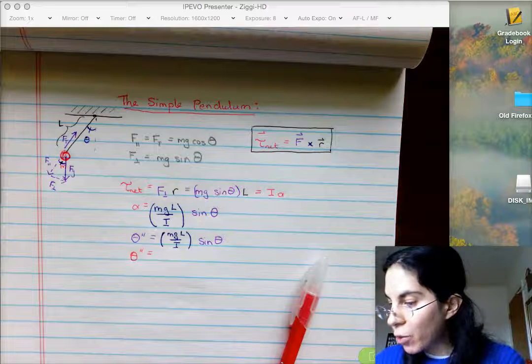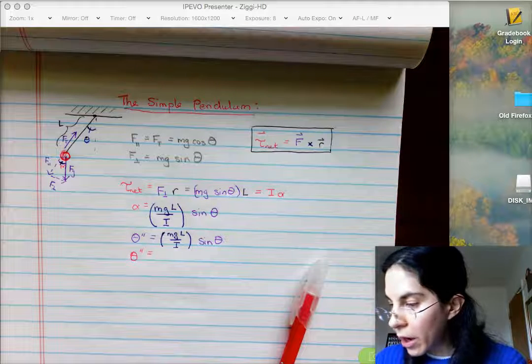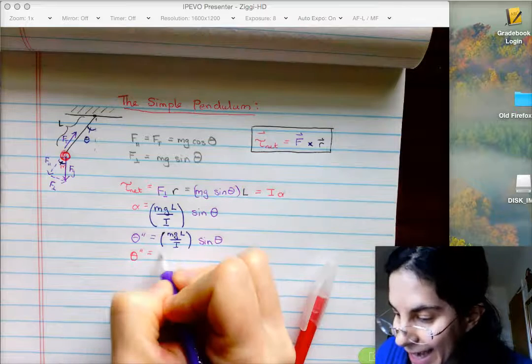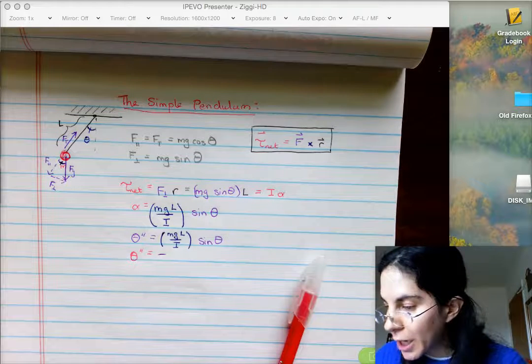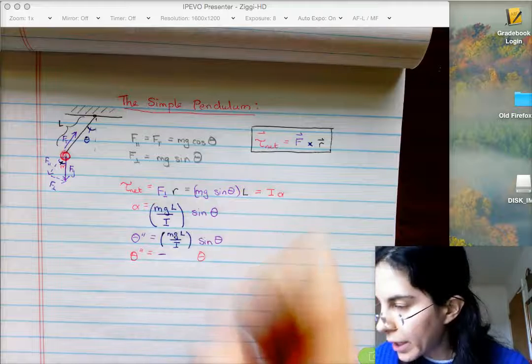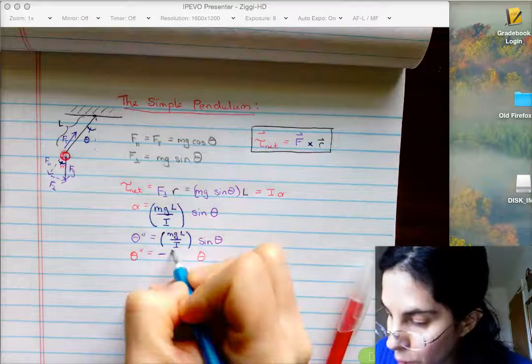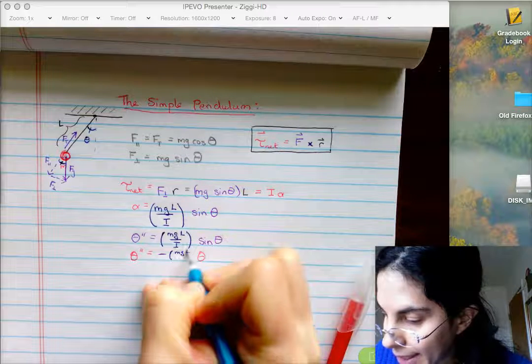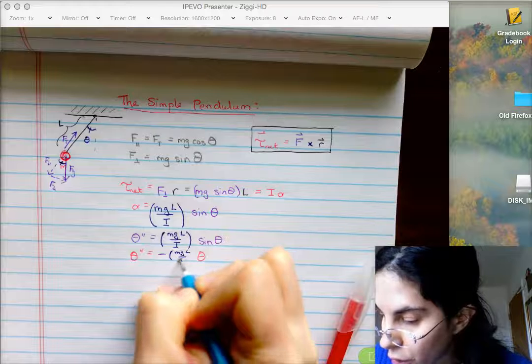Notice that either way, the sign of the acceleration is opposite to the angle you're working with, with the same bunch of constants out front.